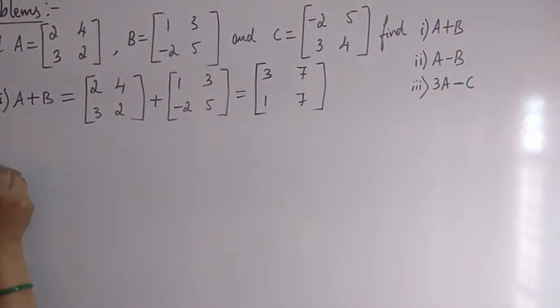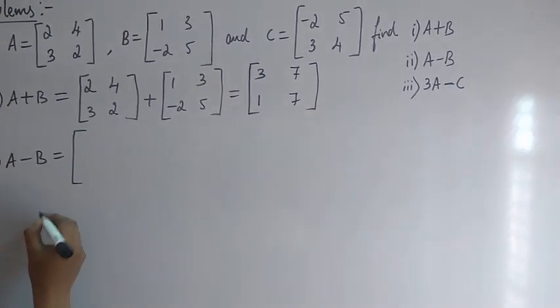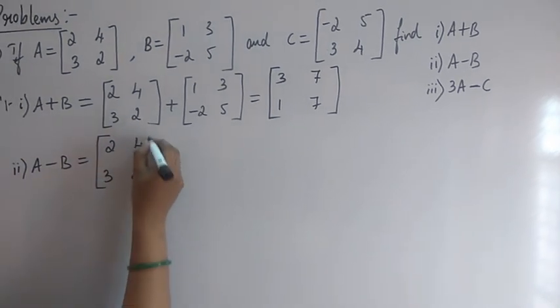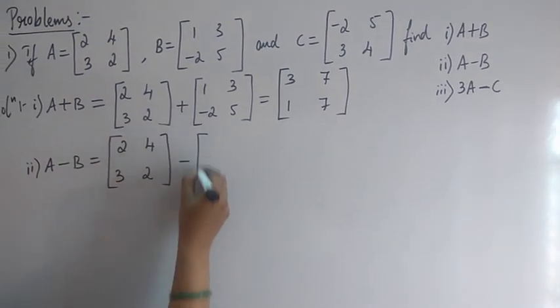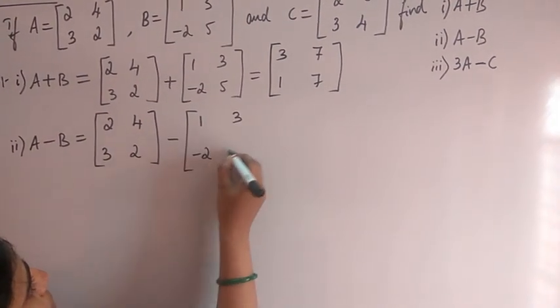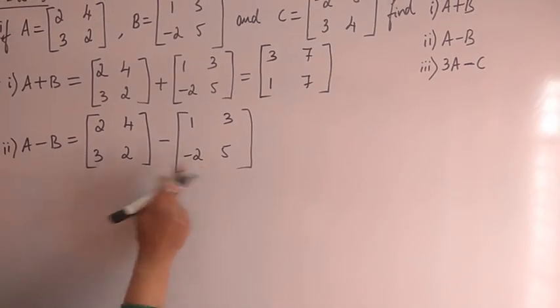The second one, A minus B. Matrix A, 2 4 3 2, minus matrix B, 1 3 minus 2 5. Now we have to subtract.